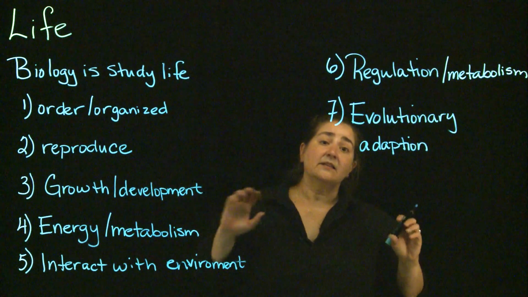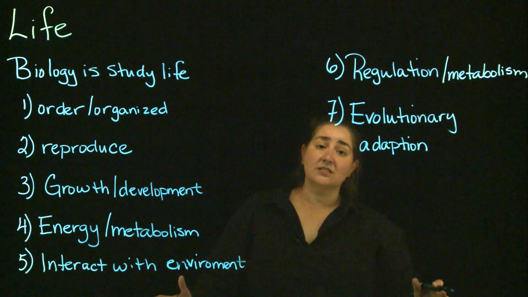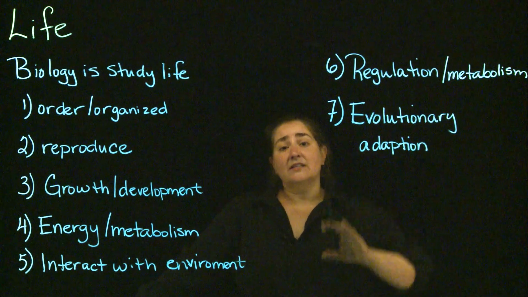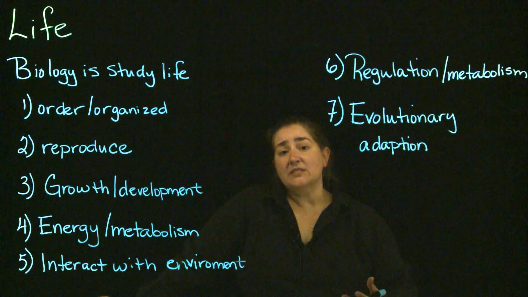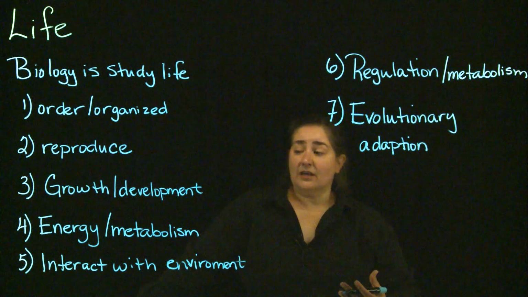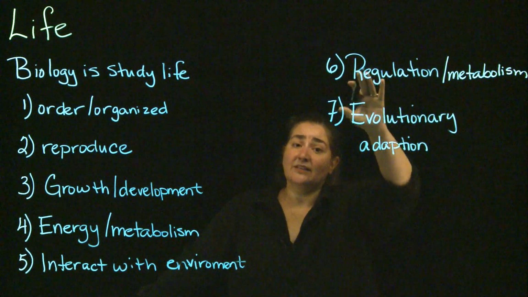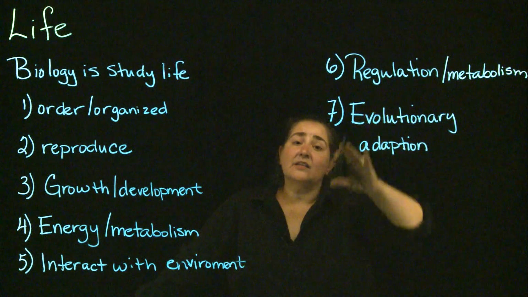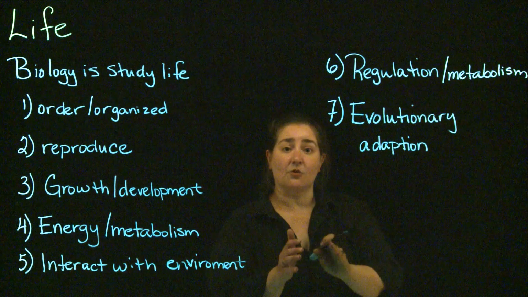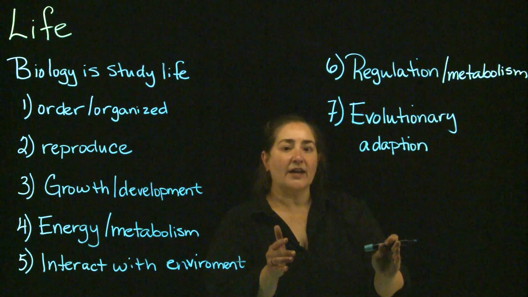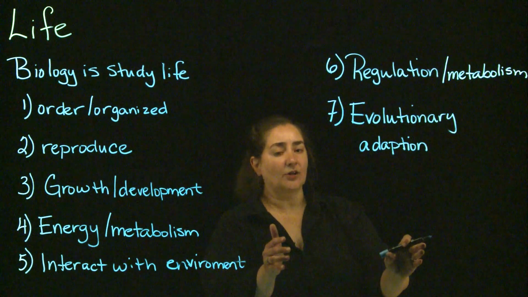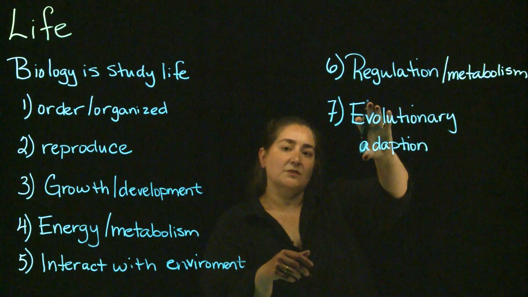Whether that be a plant suddenly having drier conditions to deal with or wetter conditions to deal with, that would be an example of them adapting to a particular environmental process, okay? So that would really be kind of more regulation, but that regulation in the long term, if the area where that particular plant is stays drier over the long term, that plant has to be able to adapt to the lower water levels. That's where evolution comes in, okay?